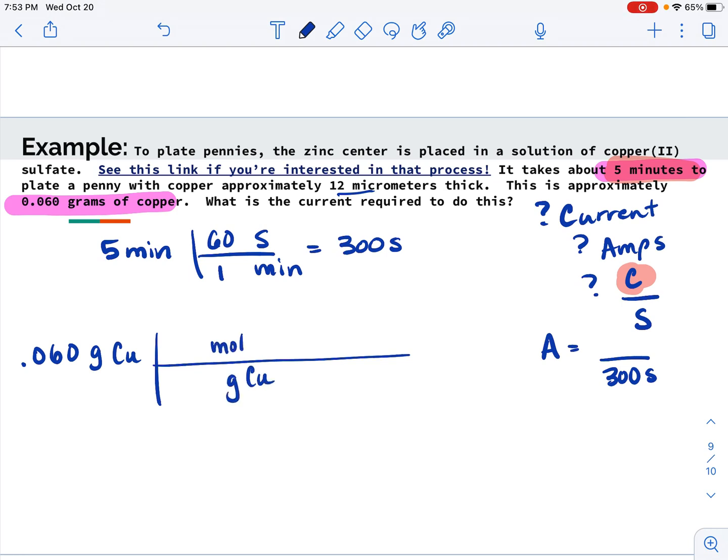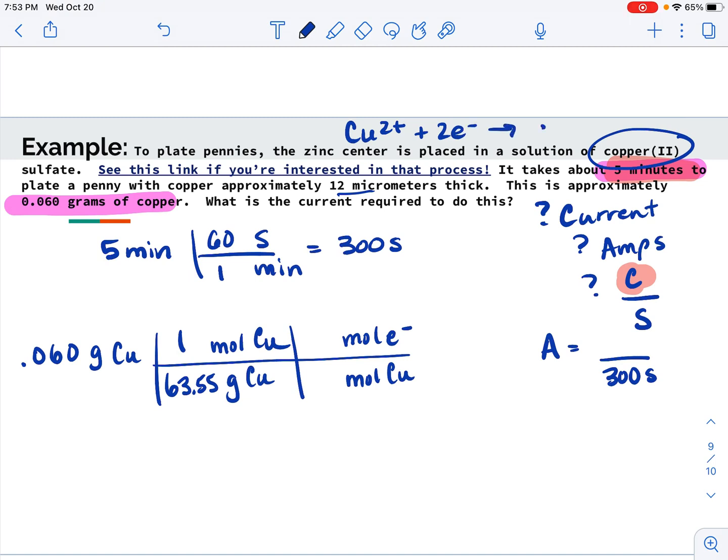Grams of copper to moles of copper. This would be 1 mole, and from the periodic table, 63.55 grams. Then moles of copper to moles of electrons. I didn't write a half reaction yet, but they told me it was copper 2. So this would be Cu2+ plus 2 electrons, and you might be able to do that without writing the half reaction.